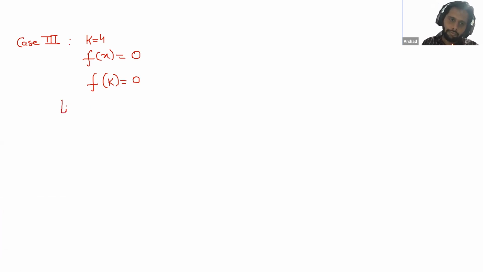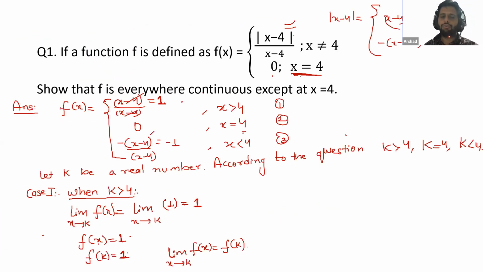We will write like this: limit x tends to 4 minus f(x). For LHL, Rifat, can you tell me which function we will use, first, second, or third? First one? I'm talking about the LHL, the left-hand limit.